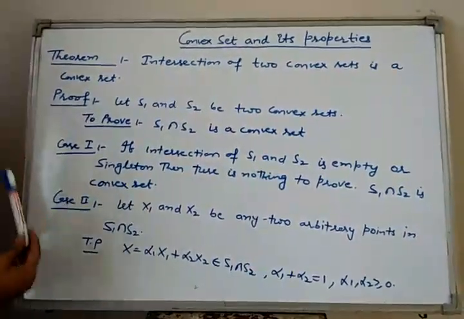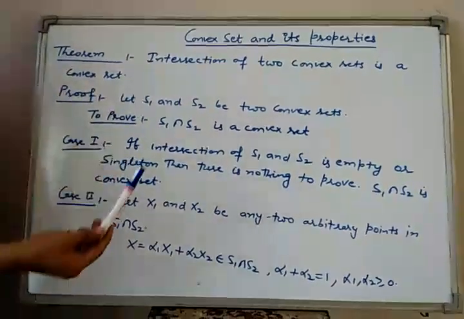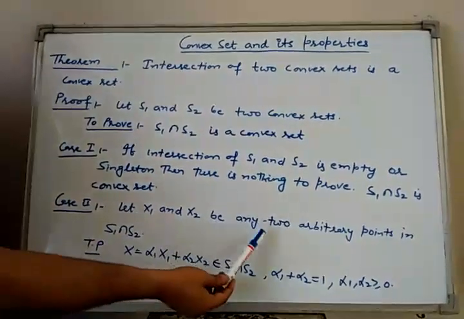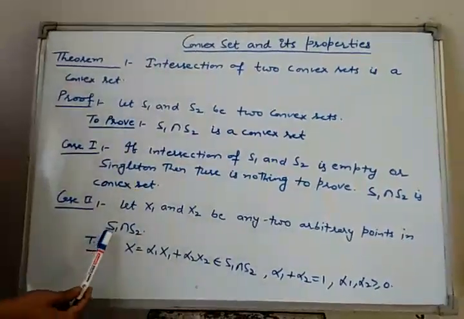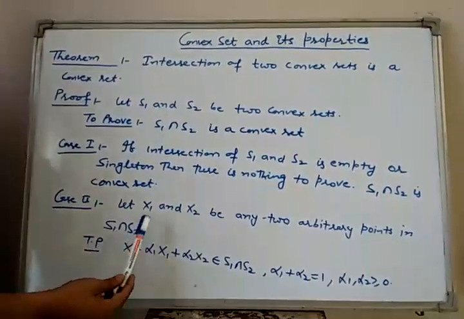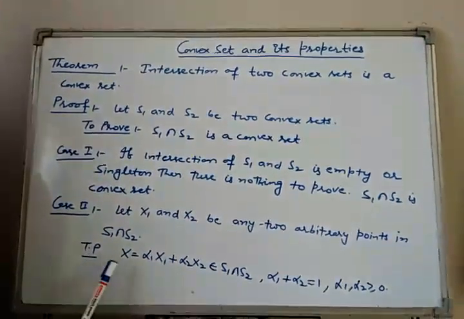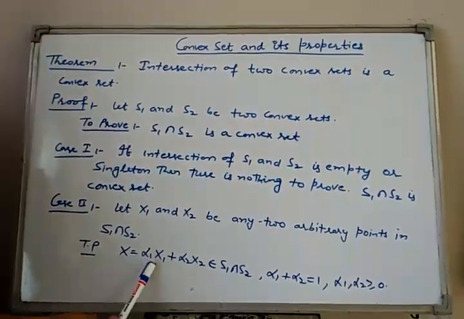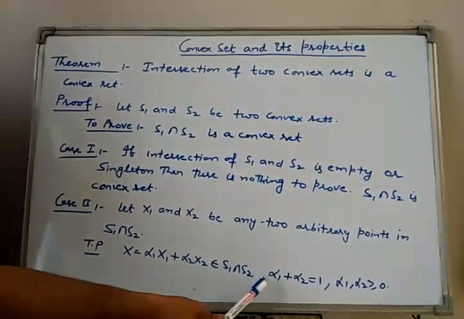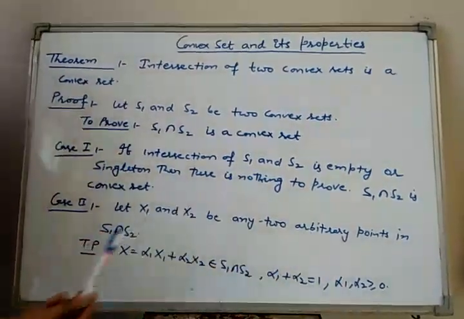Second case, consider that their intersection contains two or more points. Let x1 and x2 be any two arbitrary points in S1 intersection S2. To prove that S1 intersection S2 is a convex set, we have to prove that x equal to alpha 1 x1 plus alpha 2 x2 belongs to S1 intersection S2, where the sum of scalars is 1 and all scalars are non-negative.